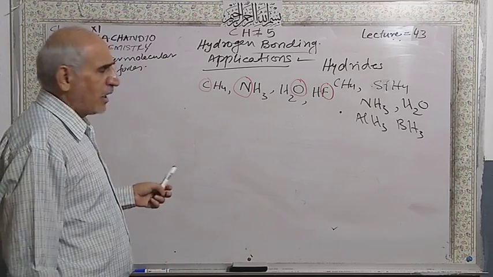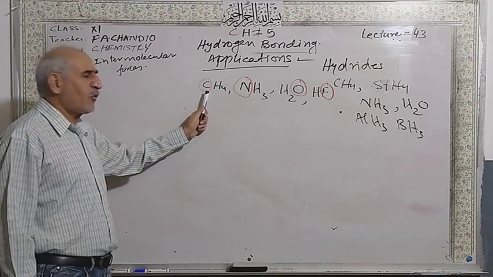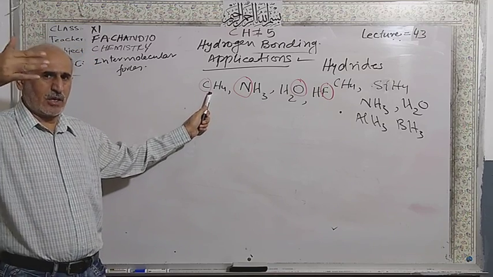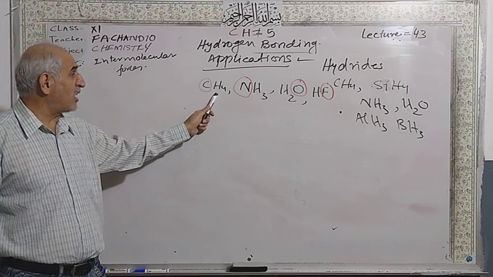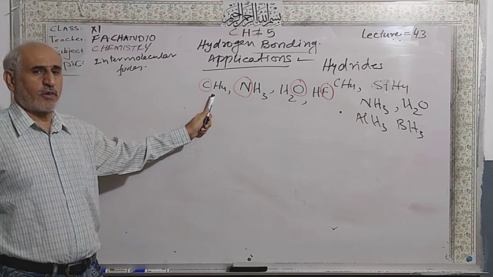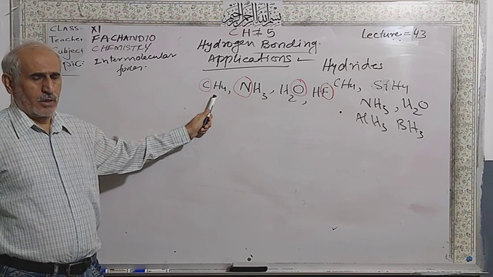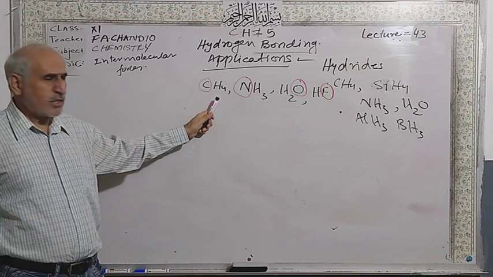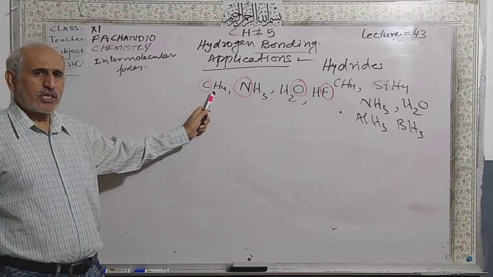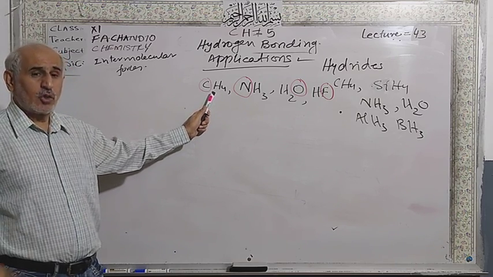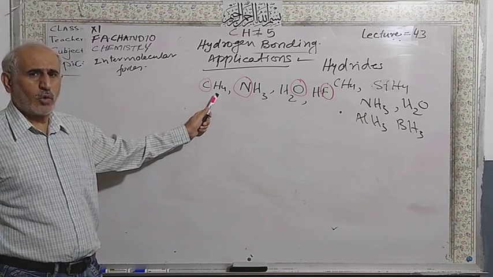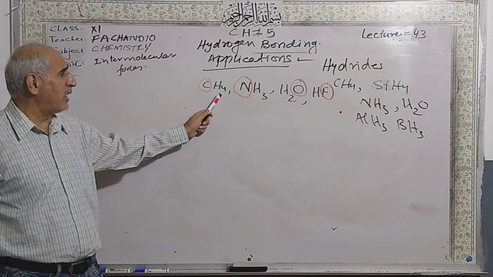If you see the graph here, group number 4, methane, the first element of group number 4, has very weak forces of attraction. Intermolecular forces, London dispersion forces, are very weak indeed. So you will see the boiling points are very low indeed.